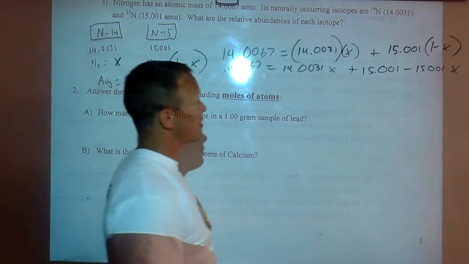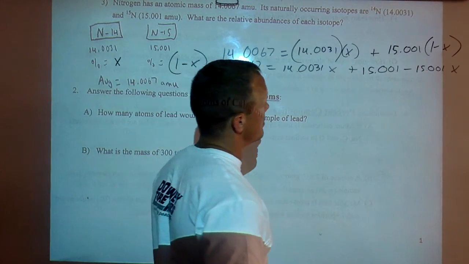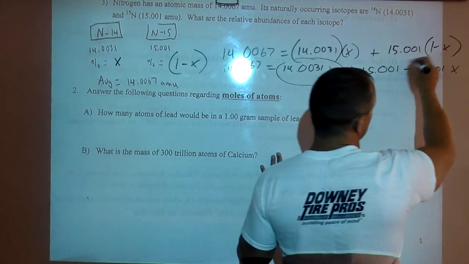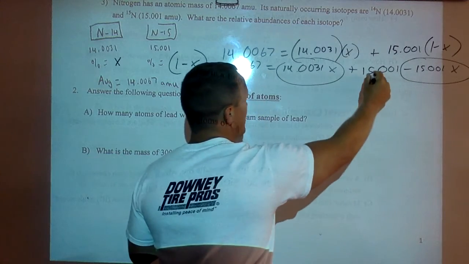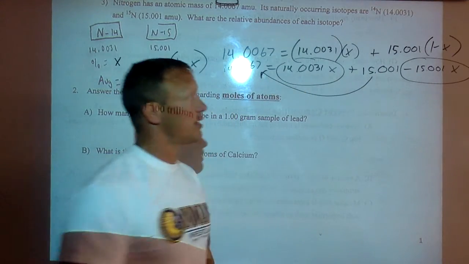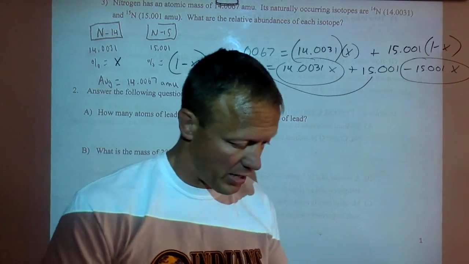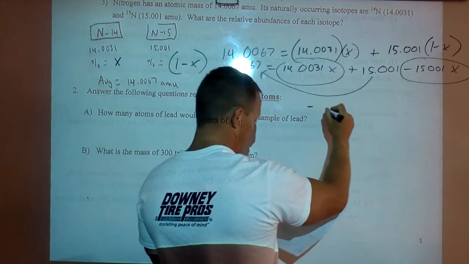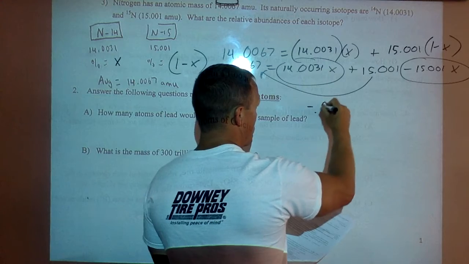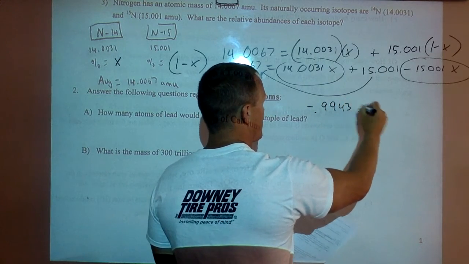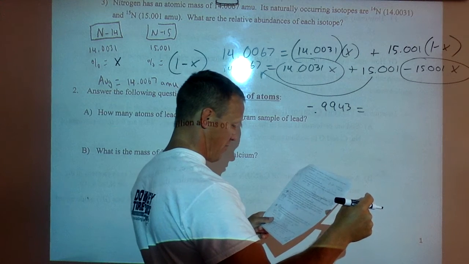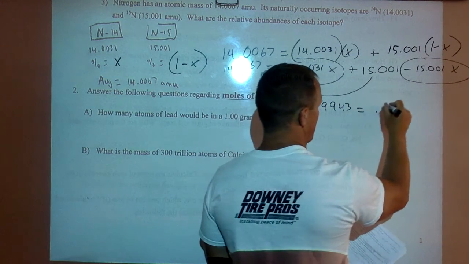So I can combine my like terms, meaning I can combine my 2 x terms, and I can move this one over to the other side, subtract it over the other side. Okay, so when I do that, subtracting this to the other side, I get a negative 0.9943. Combining my 2 like terms, I get a negative 0.9979x.